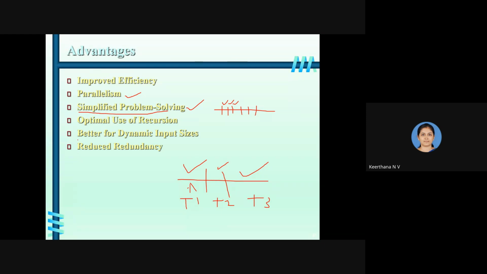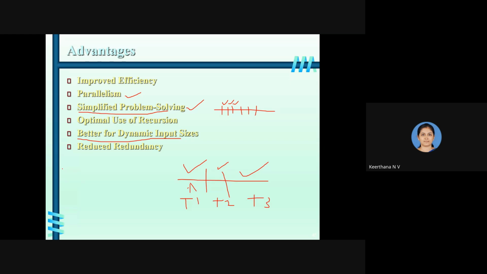The next thing is betterment for dynamic input sizes. It does not depend upon the input size, how long it can be. Whatever the length, the divide and conquer method is applicable for every complex problem.